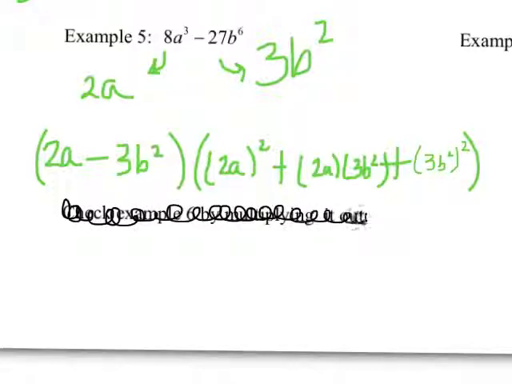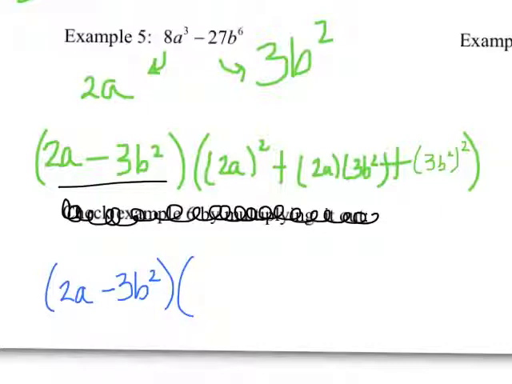Okay. Now we do need to simplify. There's nothing I can do here. Now here, 2a squared. So 2a times itself. 2a times 2a is 4a squared. Now here, 2a times 3b squared. So 2 times 3 is 6, ab squared.